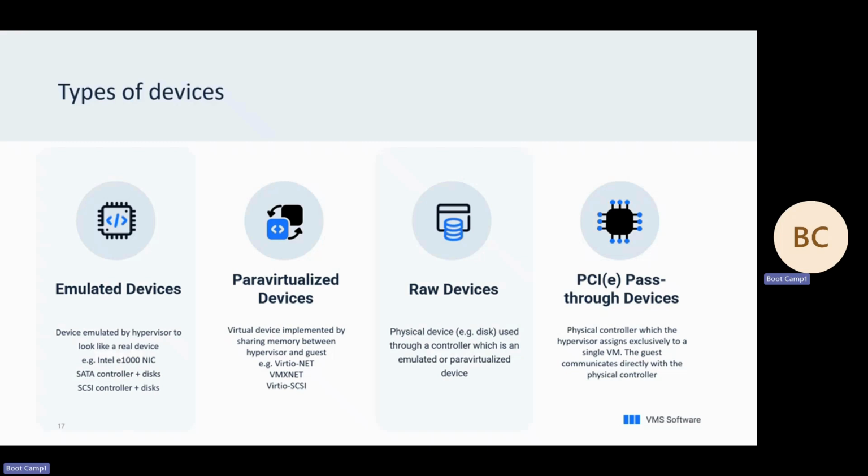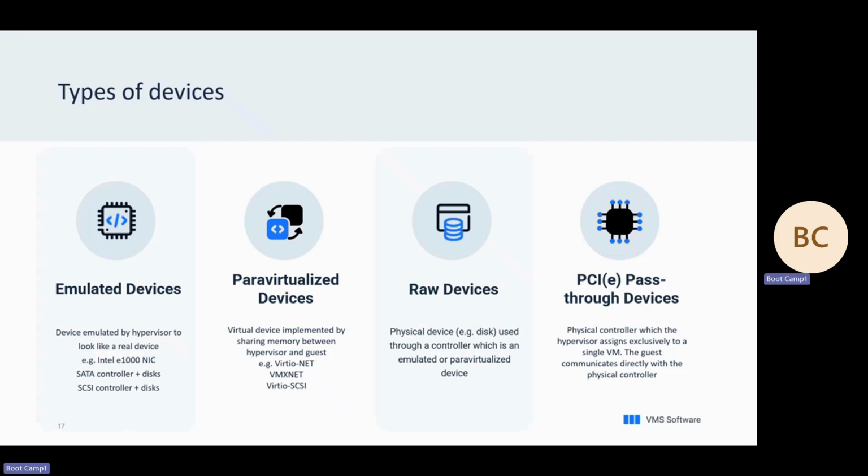So even if the NIC in your host system is a Broadcom NIC, the hypervisor provides a device that may look like an Intel E1000 NIC. And the hypervisor provides a SATA controller or a SCSI controller that looks, from a software perspective, just like the real thing.